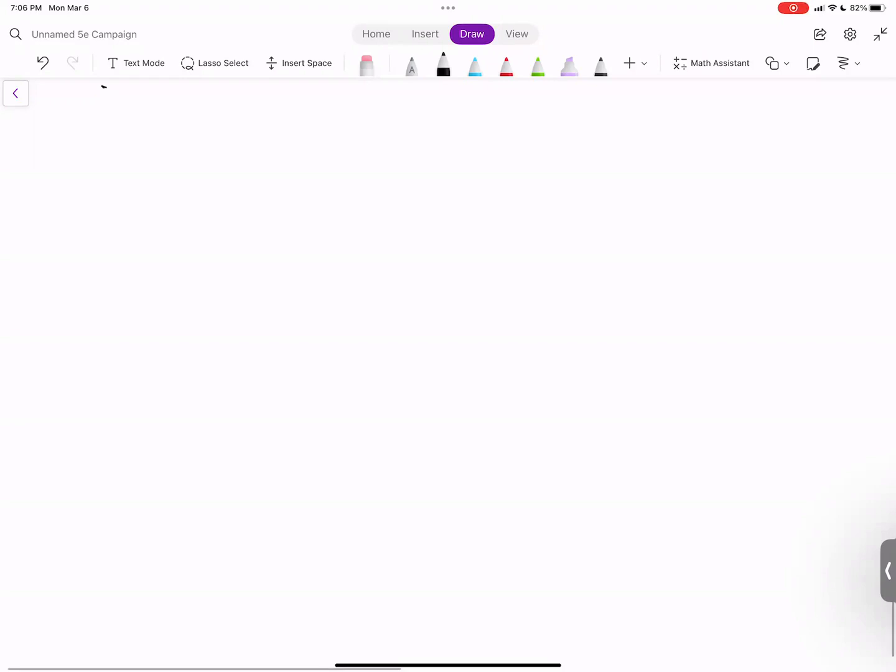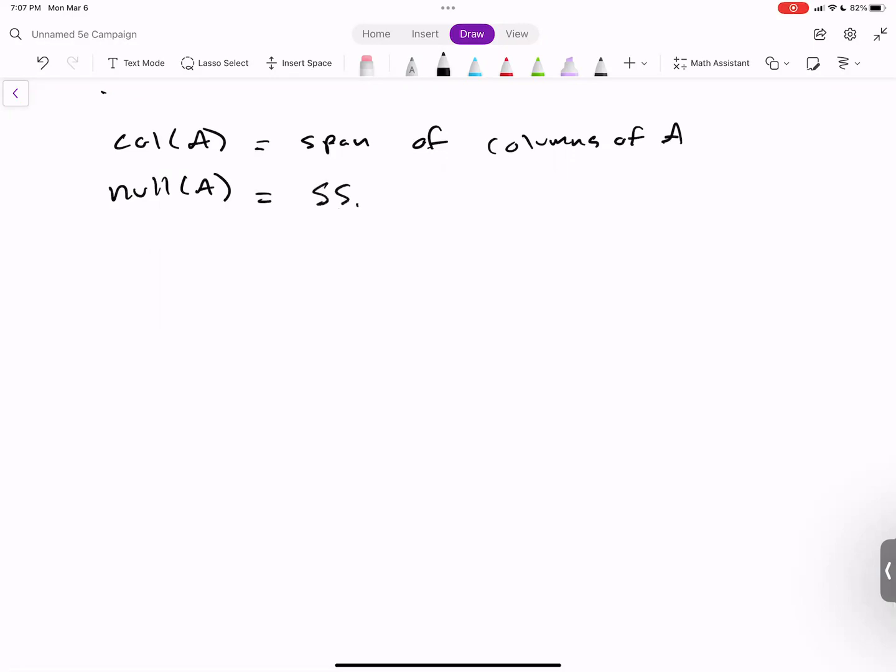Okay. So just as a little side note before we get started, column space of A is just equal to the span of the columns of A, which we talked about before this exam. We're just rewording something we used for exam 1. Null space of A is equal to the solution set to AX equals 0, right?